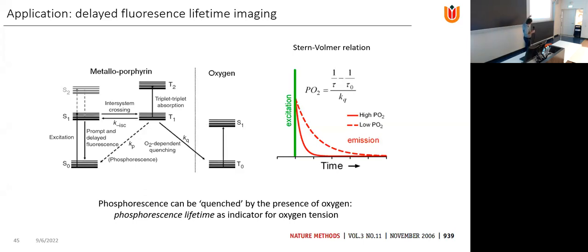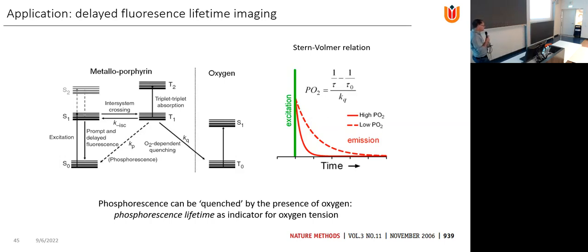So next to the prompt fluorescence that goes the direct pathway, there is also delayed fluorescence that first has been involved in this intersystem crossing and then goes back to the ground state. You can also have phosphorescence: energy transfer to the triplet state and then decay to the ground state.